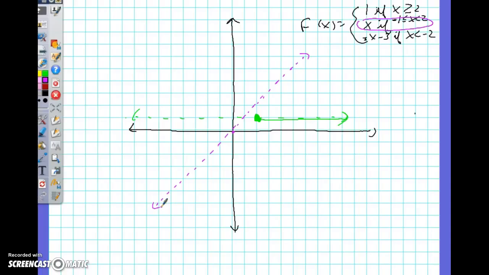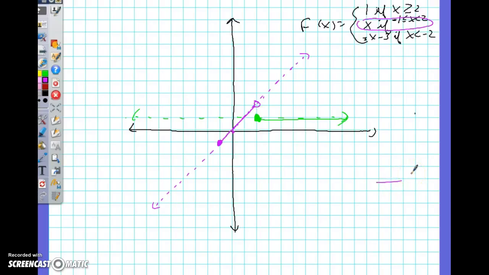Negative 1. And does it include negative 1? Yes. To where? Up until 2. Does it include 2? No. Open circle. So far, so good.